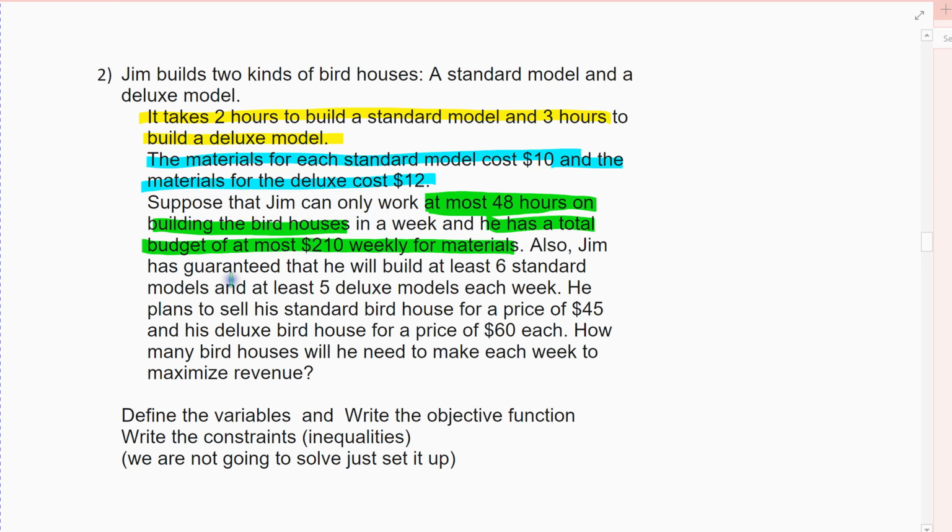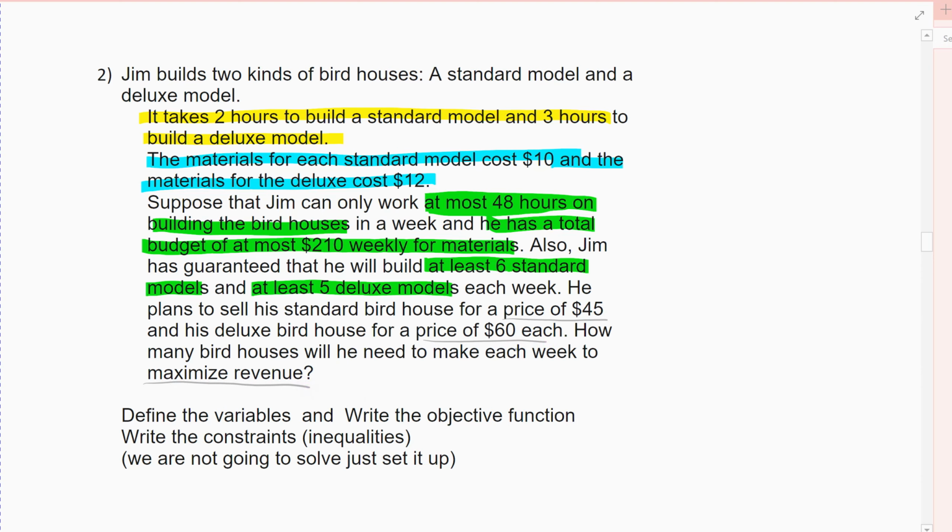Jim also is guaranteed he will build at least 6 standard and at least 5 deluxe every week. He plans to sell his standard birdhouses at a price of $45 apiece, his deluxe birdhouses at a price of $60, and wants maximum revenue. So the last thing goes with my revenue.